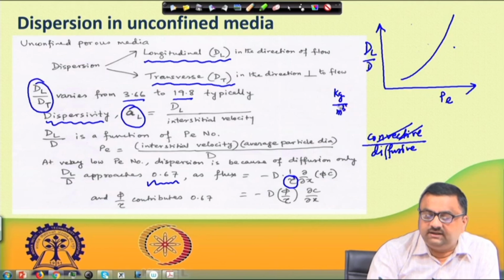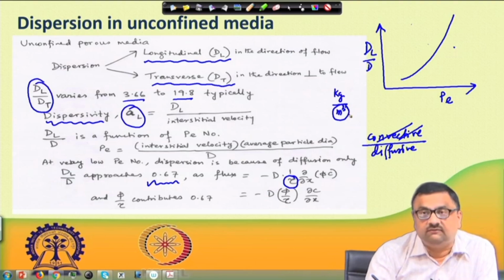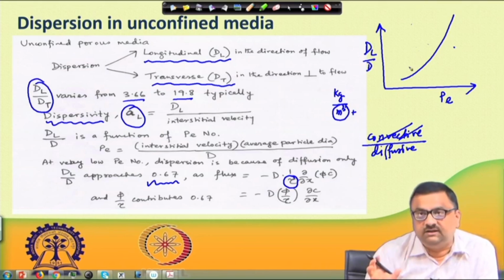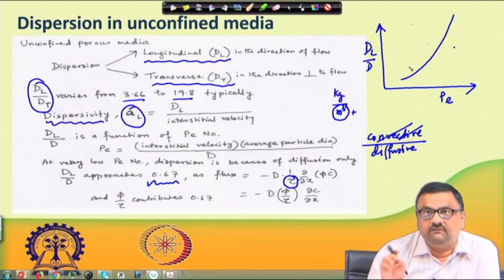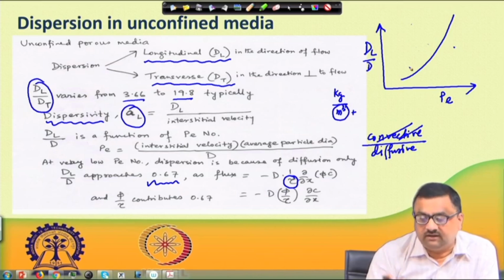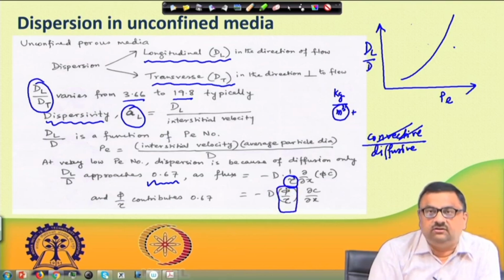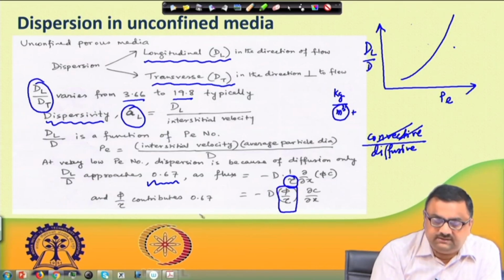But here this meter cube is not only solution in the void part; there is also a solid volume. So, if you are expressing this concentration as so many moles divided by the porous medium volume, one has to account for that effect. So, one has to bring in that porosity term. That is why one has this ratio, and this ratio basically contributes to 0.67.